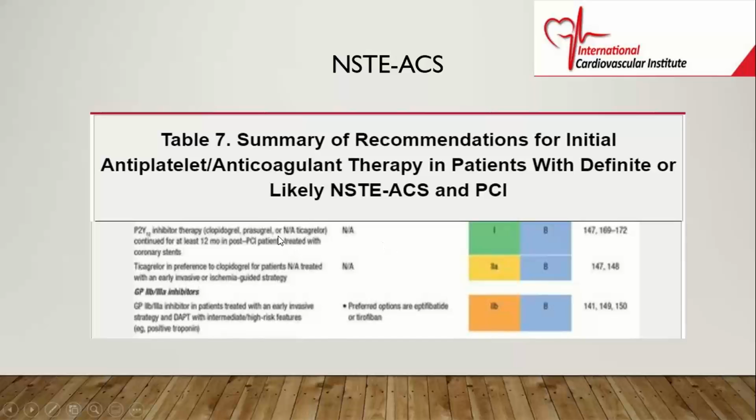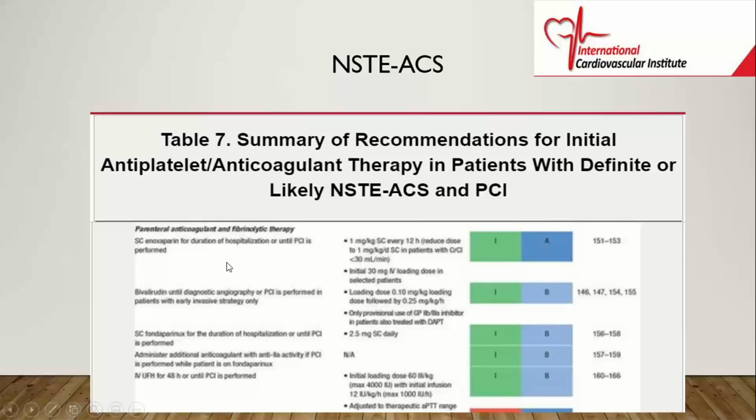And in addition to this, we're going to give them aspirin. So you'll see in the literature we talk about dual antiplatelet therapy, DAPT, because these patients should be on an aspirin and one of these medicines, clopidogrel, prasugrel, or ticagrelor. So those are the antiplatelets.